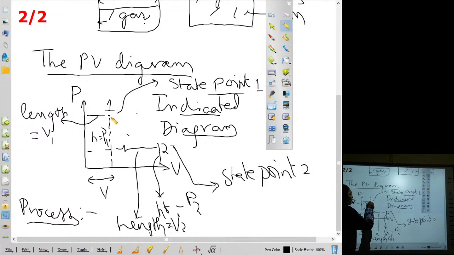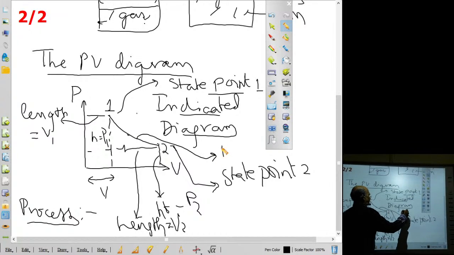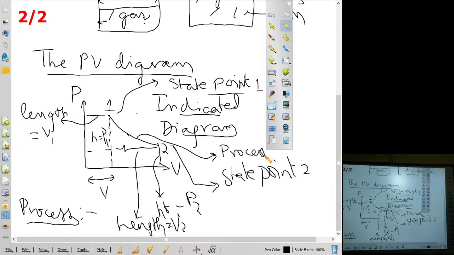If we join point 1 to point 2, then that change is called a process. So remember, any change is called a process. I will make it even more thick, doubly thick. So it is called a process.